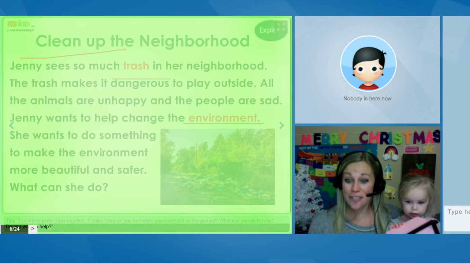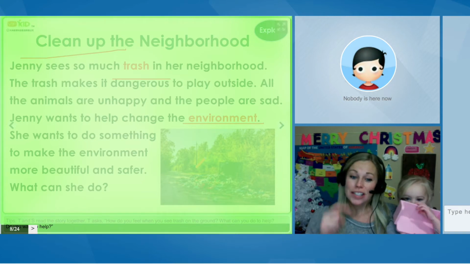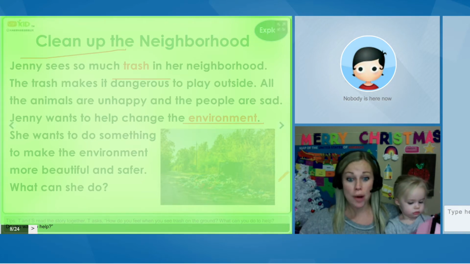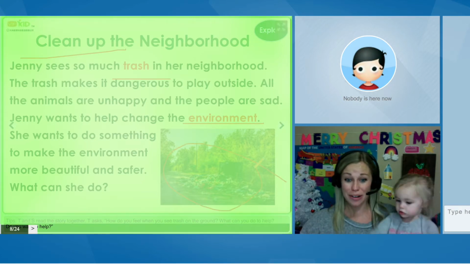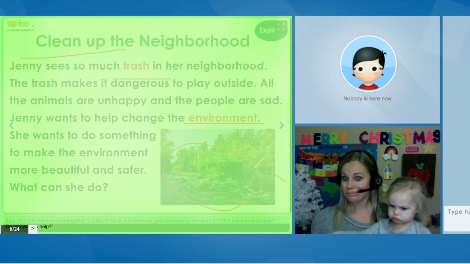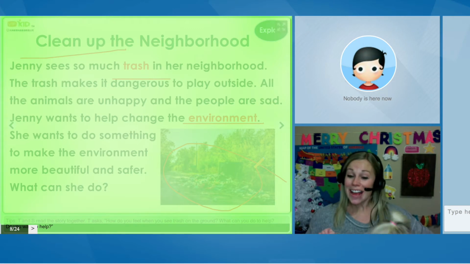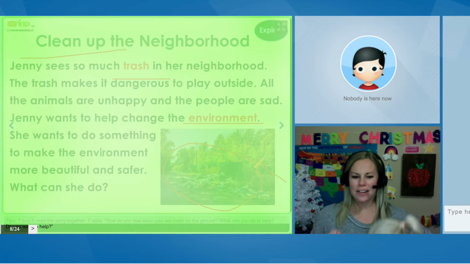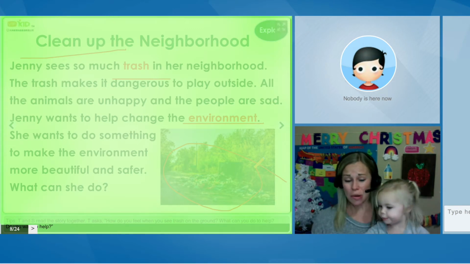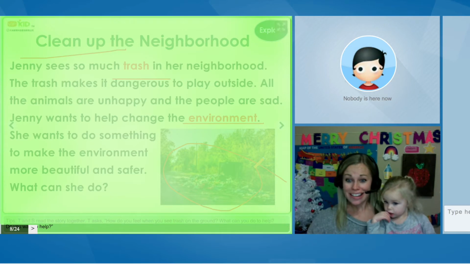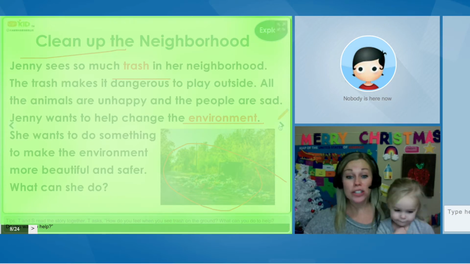We could have our family help. Do you think that you could clean up all of this trash by yourself? No. Why do you think it's important for us to help? Good. So I'm just going with the conversation.